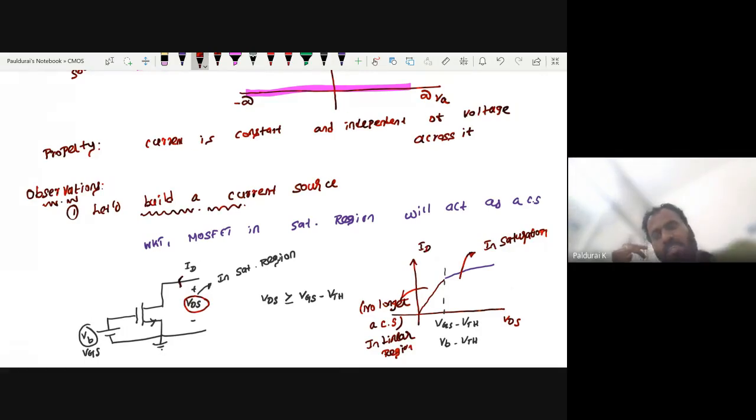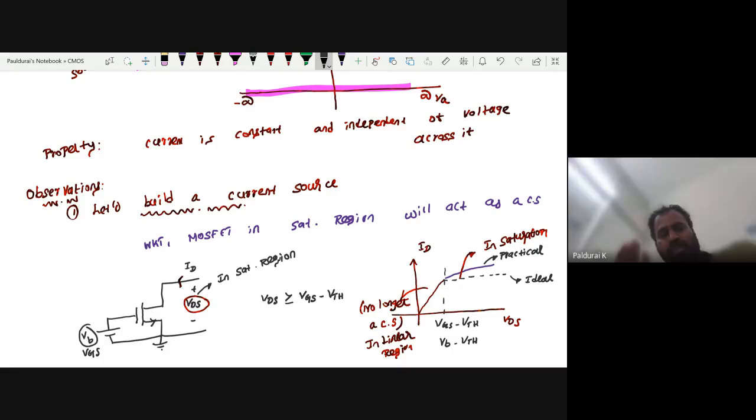Is it a constant current source? No, because ideally, what we are expecting is this is the ideal one, but this is the practical one.